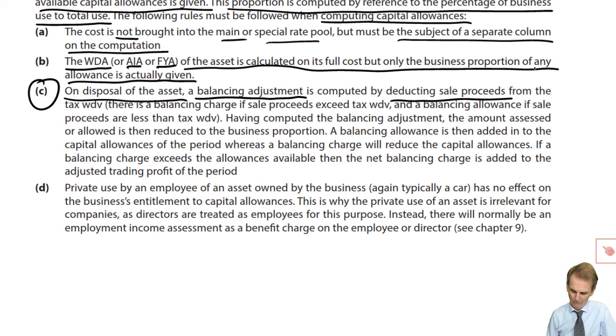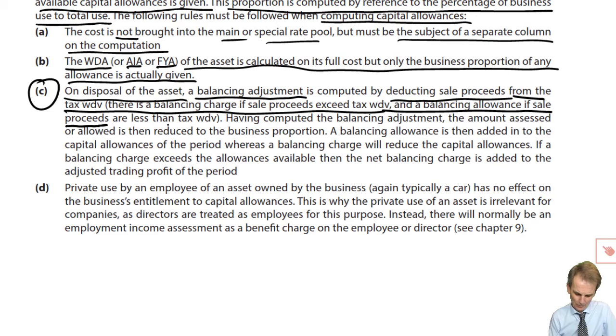We still have that rule. Deduct sales proceeds to a maximum original cost from the tax written down value, and there will be a balancing charge if sale proceeds exceed tax written down value, and a balancing allowance if sale proceeds are less than tax written down value, as we'll have to begin with in our example.